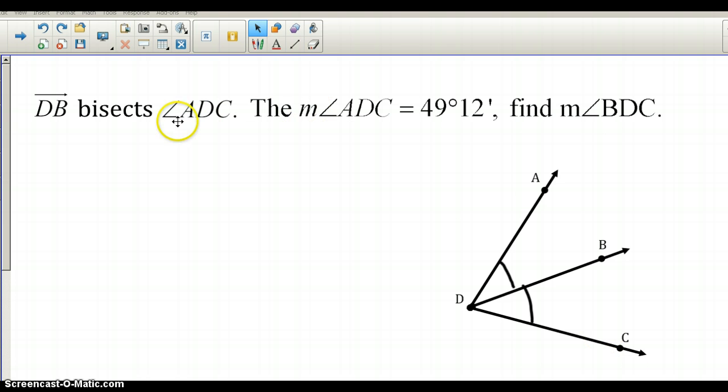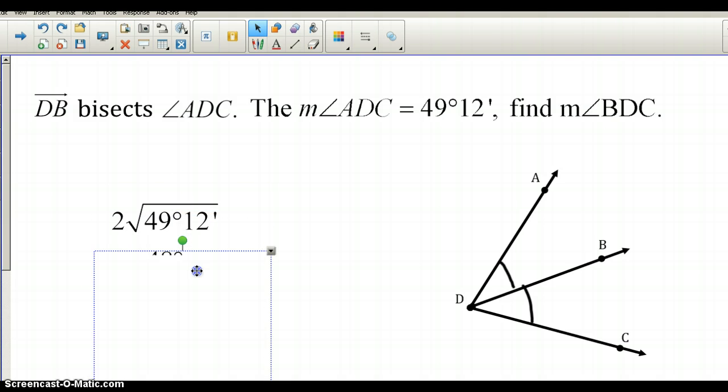And if something is bisected and these are congruent, all I need to do is take 49/12 and divide it by 2. So I set up a division problem. 49, I realize that's a square root. I mean division. So 2 goes into 49, only 48 degrees.